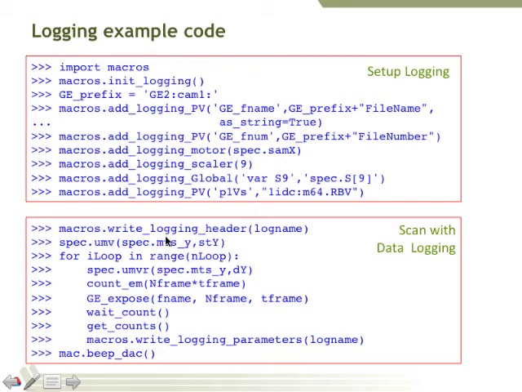And so here I write out the header, then I move a motor, I do a loop where I keep moving the motor on a relative basis, launch a scalar, launch a detector, wait for the scalar to finish, read the scalar, and write out all the information that I've asked it to log.